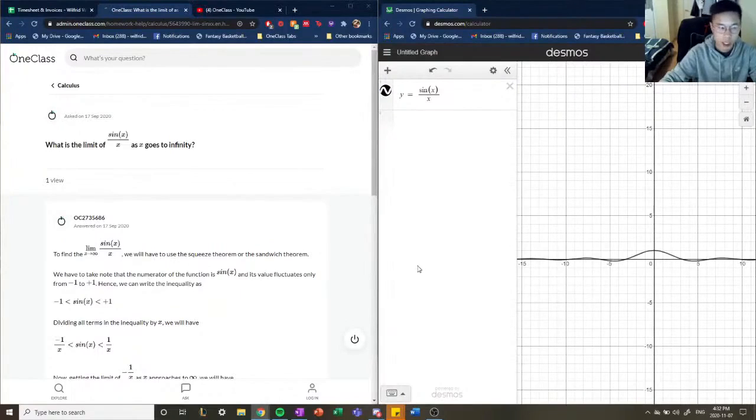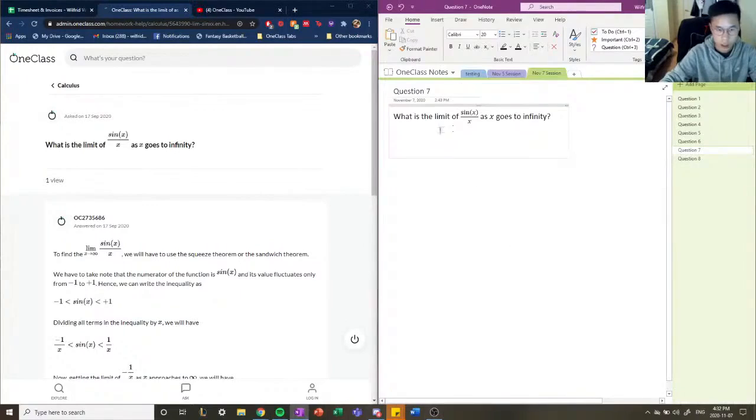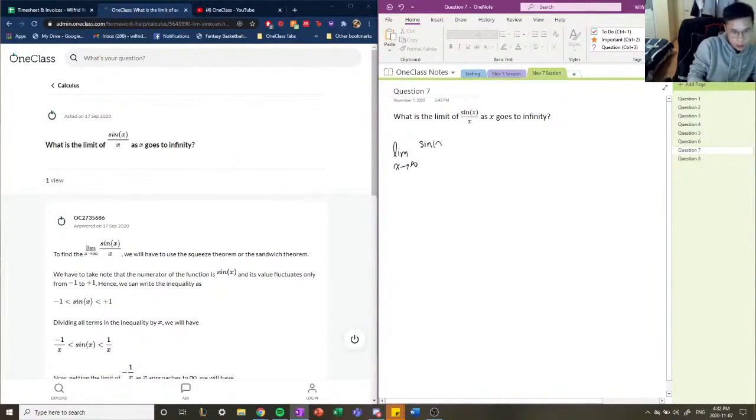And this is actually a very hard function to find the limit if we use substitution, if we use regular limit rules, right? Usually they're asking for this: limit of x approaching infinity of sine of x over x equals what, right?